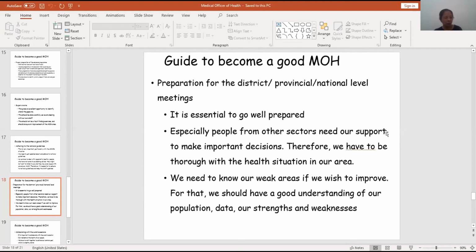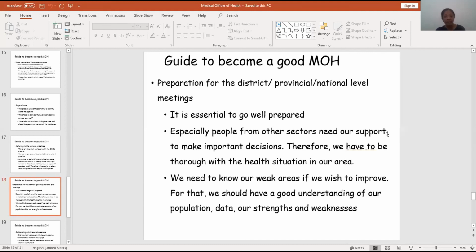You have to go through the presentation beforehand and know what questions they will ask. So prepare for that. For that, you have to know your area, know your people, the gaps and problematic areas, and how to overcome those problematic areas. You have to know beforehand.